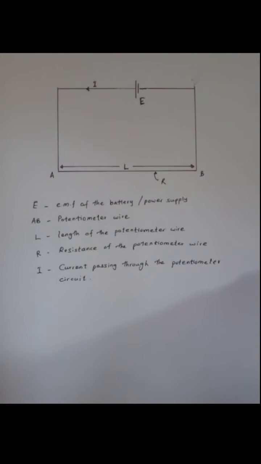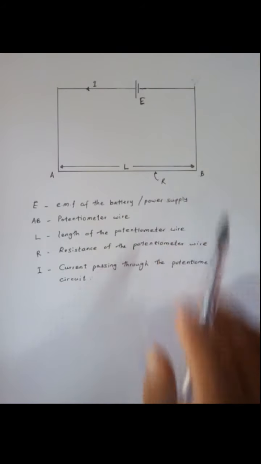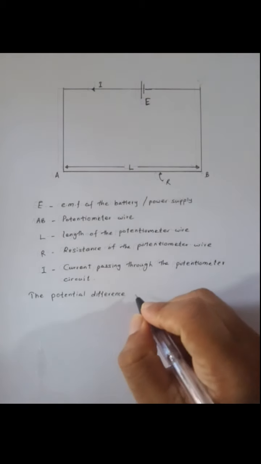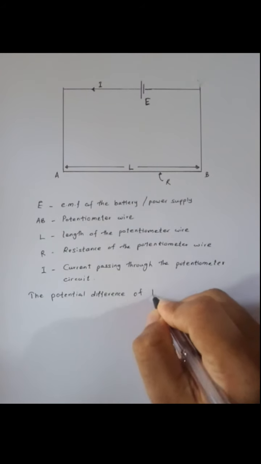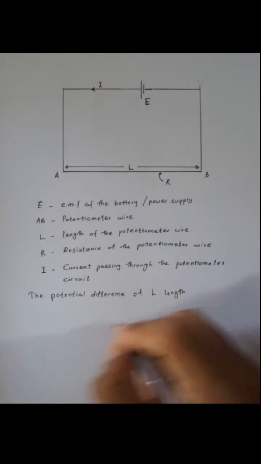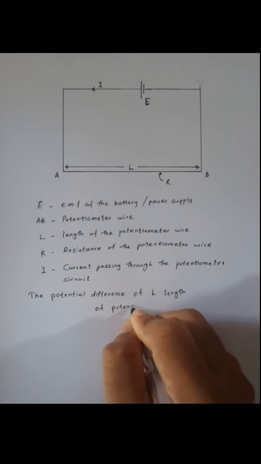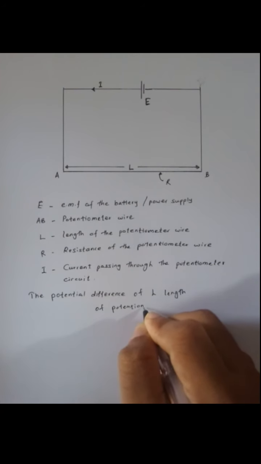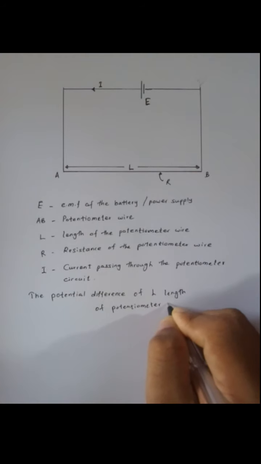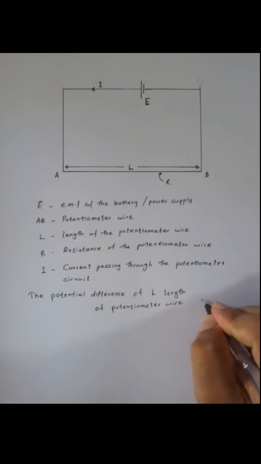Okay, so now let's consider the potentiometer principle. For that, first I'm going to consider the potential difference of this potentiometer wire. So I can write the potential difference of capital L length of potentiometer wire, let's say equals.